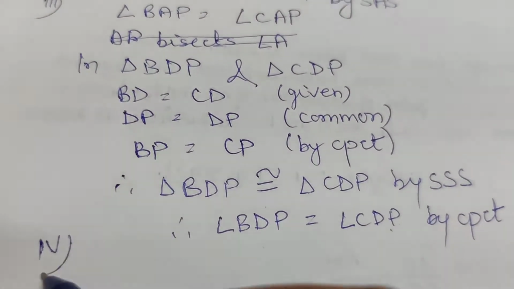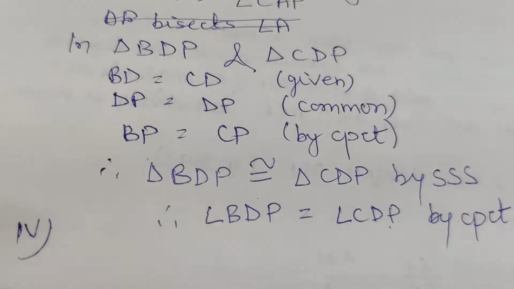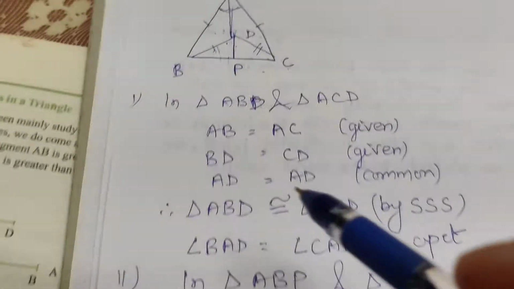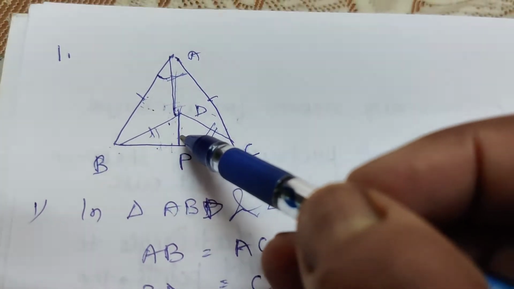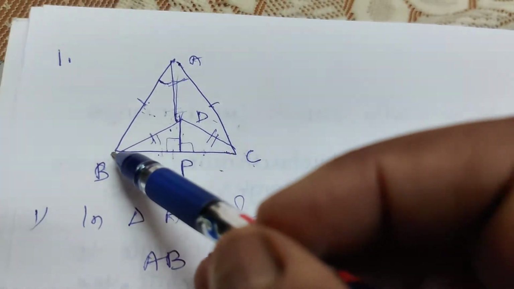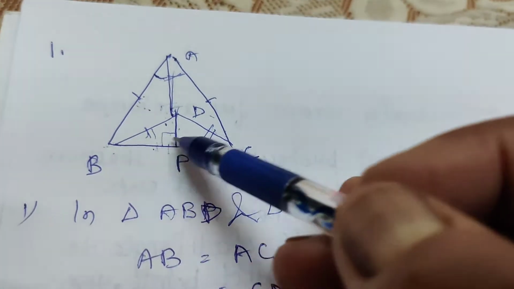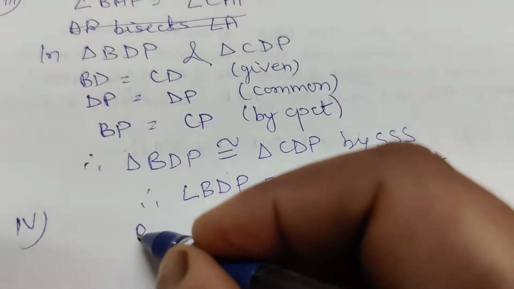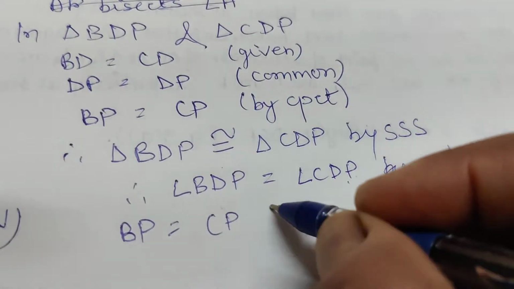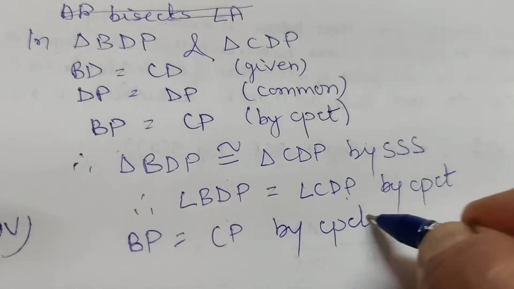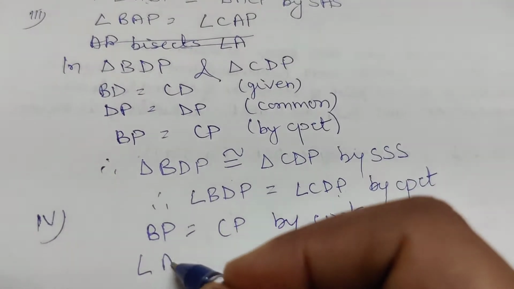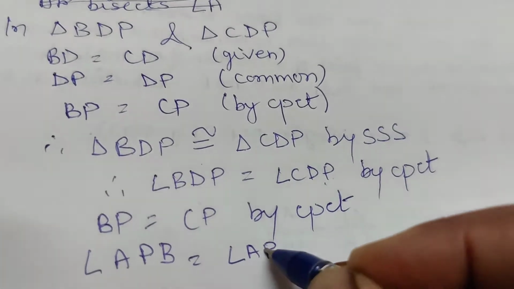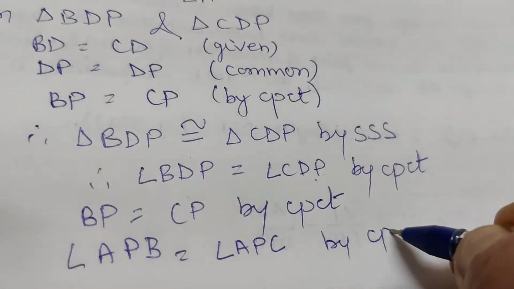Fourth part, AP is the perpendicular bisector of BC. Perpendicular bisector means BP equal to CP and angles APB, APC are equal to 90 degrees. So first we have to prove that BP equal to CP by the CPCT, and angle APB equal to angle APC by CPCT.